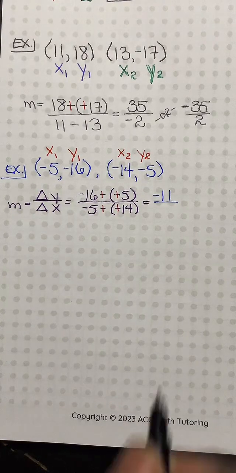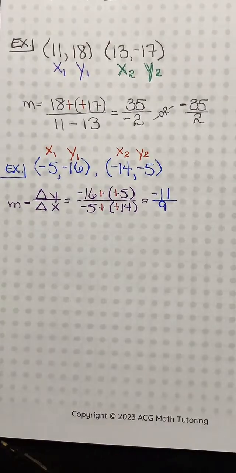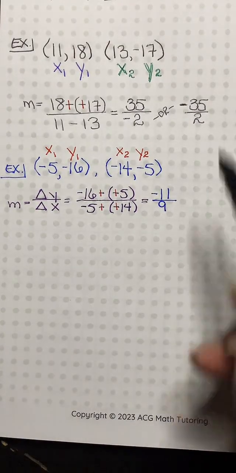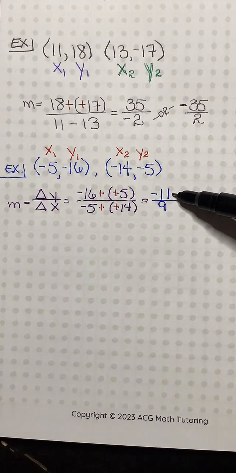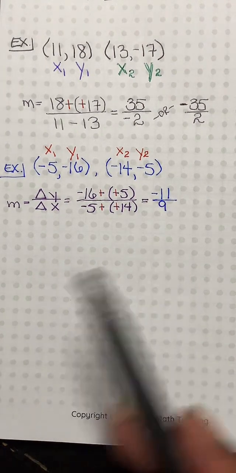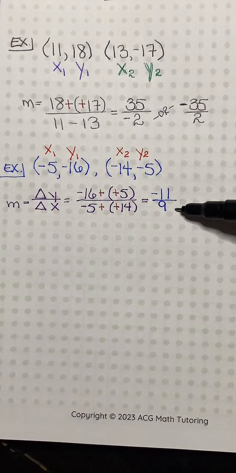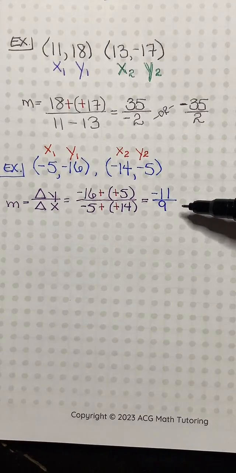I overpaid $9. So now my slope is negative 11 over 9. If you did it the other way around, you would have positive 11 over negative 9. And that's fine as well. Both of those slopes work.